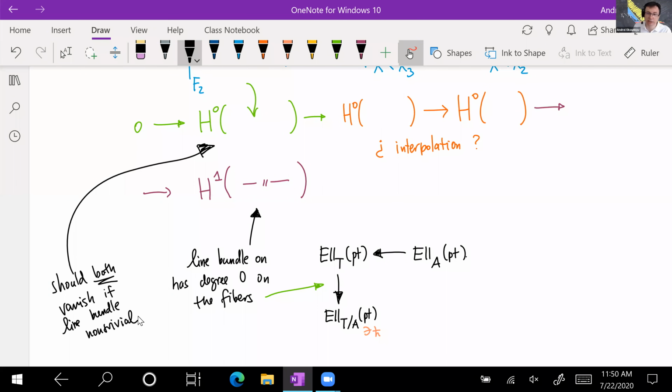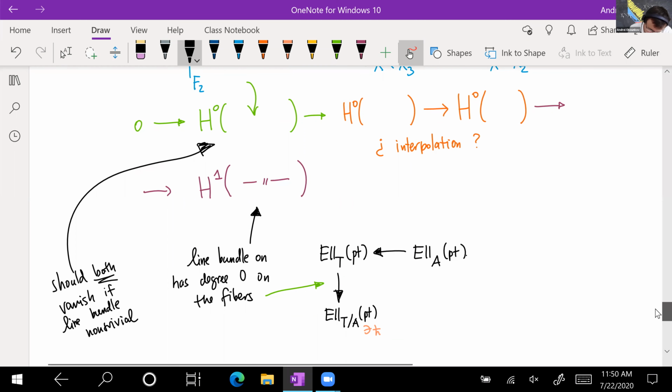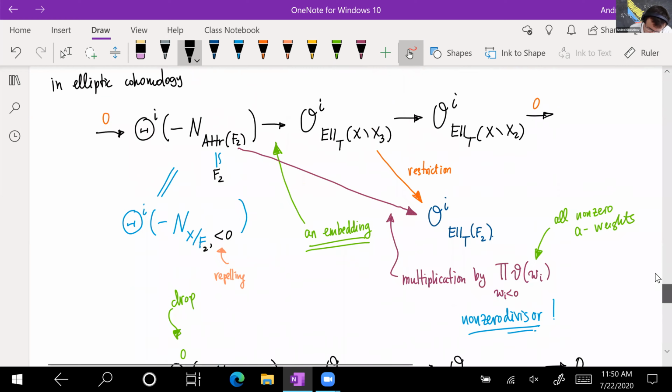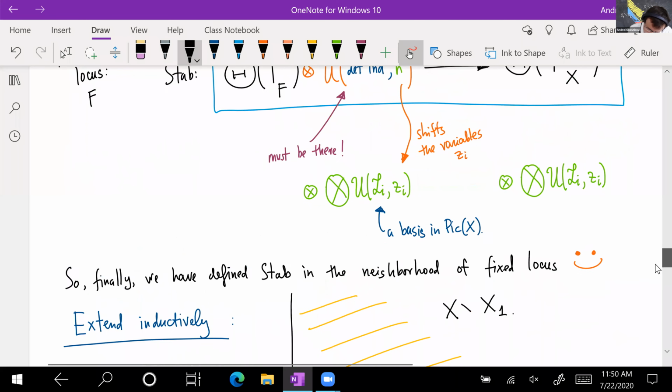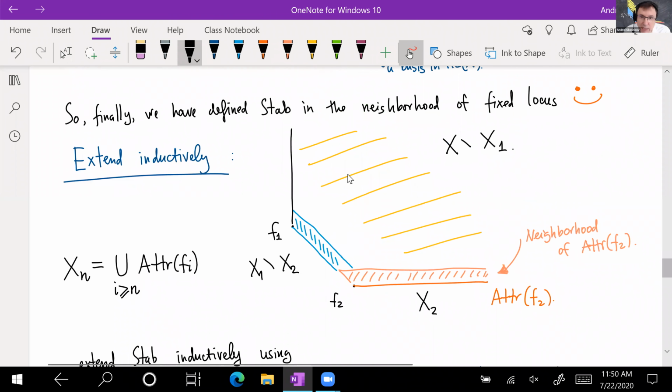So what would be the induction step? I start from somewhere, like here my stable envelope, which is 0.